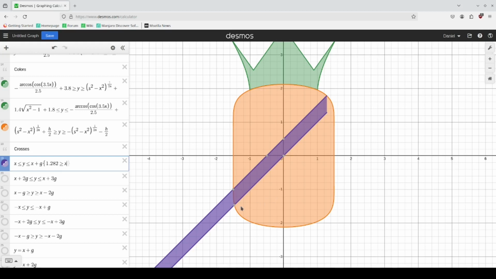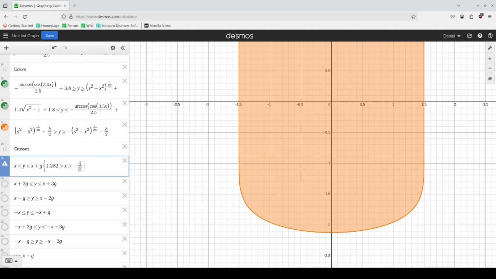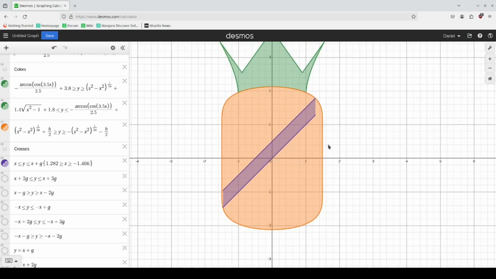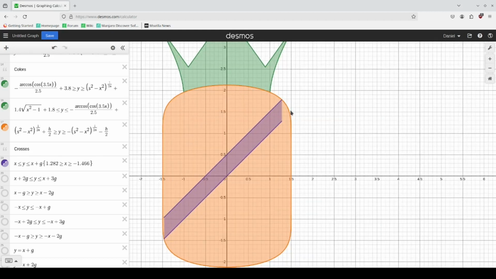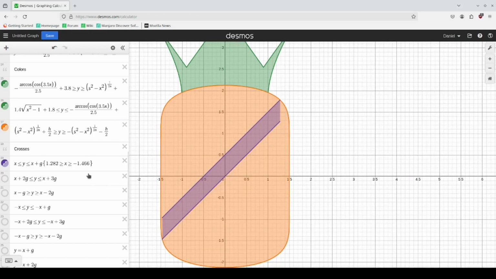And this ends, we want the less negative number, so the greater number here, minus 1.466. And I think you're beginning to see where this is going, where we do need to account for the curves that we have defined here.